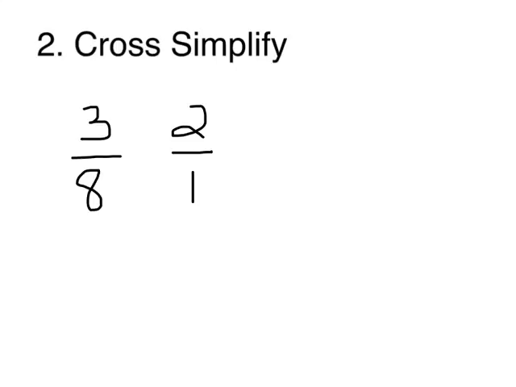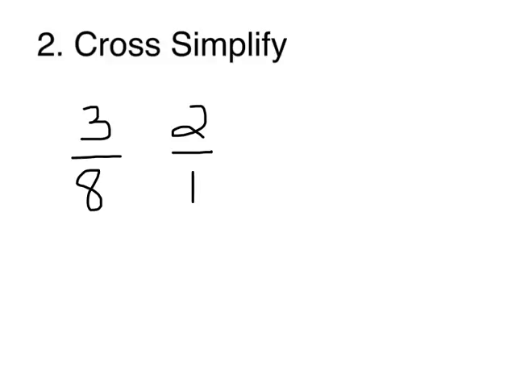The next step is to cross-simplify. I'm going to look at my numerators and denominators that are on the diagonal to each other. I can see 1 and 3 only have a common factor of 1, so I'm going to ignore that. But 2 and 8 are both even numbers, and I can see that 2 is the greatest common factor that they have in common.